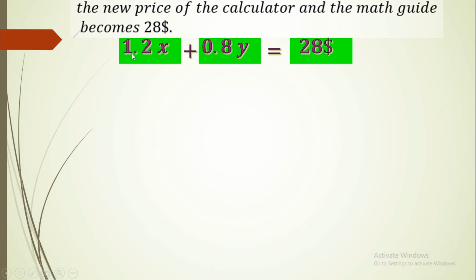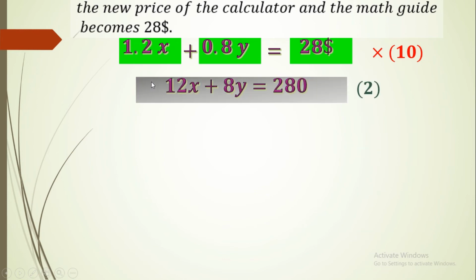Well, if you note here, we have decimal parts. It's 1.2 and 0.8. In each of them, we have one digit after the point. So we can multiply them by 10 in order to move the point and get rid of it. Now 10 times 1.2 gives us 12x, plus 10 times 0.8 gives us 8y, equals 10 times 28, which gives us 280.